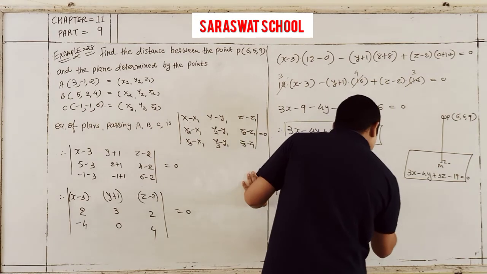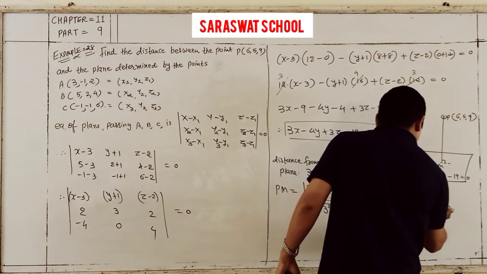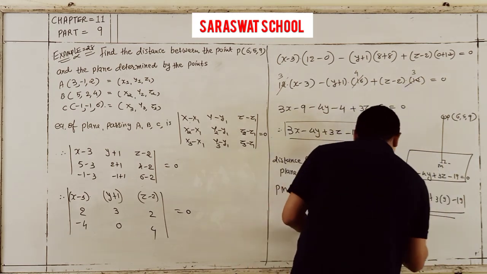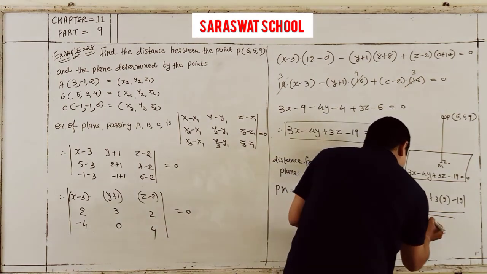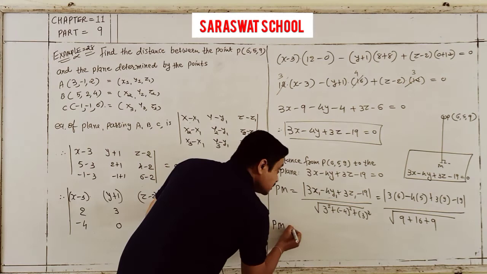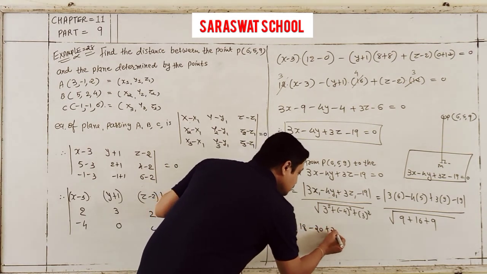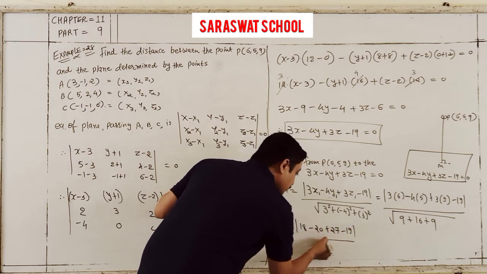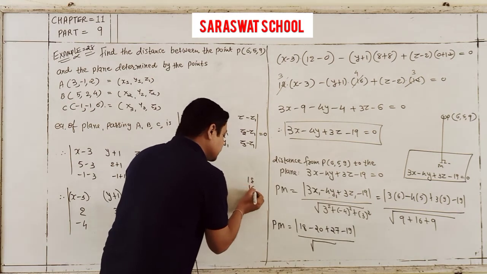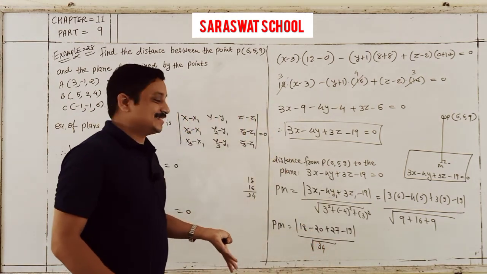So my answer is 3 times 6, minus 4 times 5, plus 3 times 9, minus 19, divided by the square root of 9 plus 16 plus 9, and easily calculate. So PM is: 6 times 3 is 18, 4 times 5 is 20, 9 times 3 is 27, minus 19, divided by the square root of 34. In the numerator, 18 and 27 make 45, minus 20 minus 19.